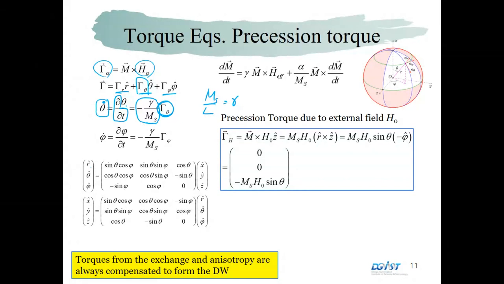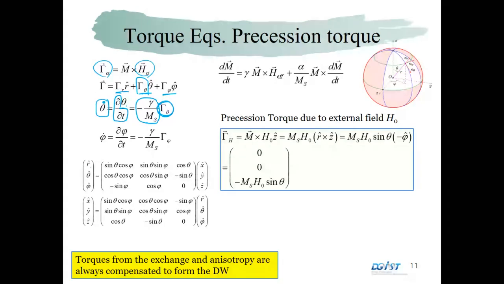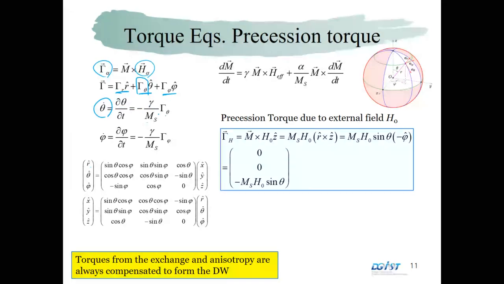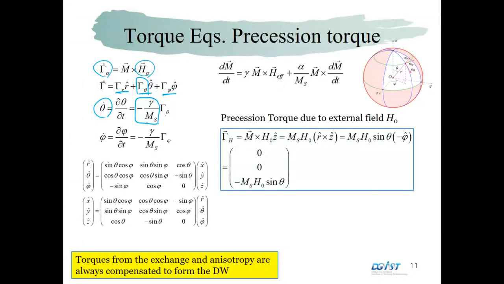So the relation between the torque and the time derivative of the angular momentum gives us the torque. We can make a relation between theta dot and the torque of the system with the proportional constant of minus gamma over Ms. It's the same for the phi direction.